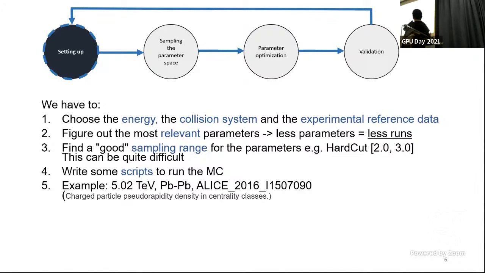Fewer parameters means fewer runs for us, because we are not doing a brute force algorithm. There is a tool that helps us, which is called Professor. I'm going to go back one slide.